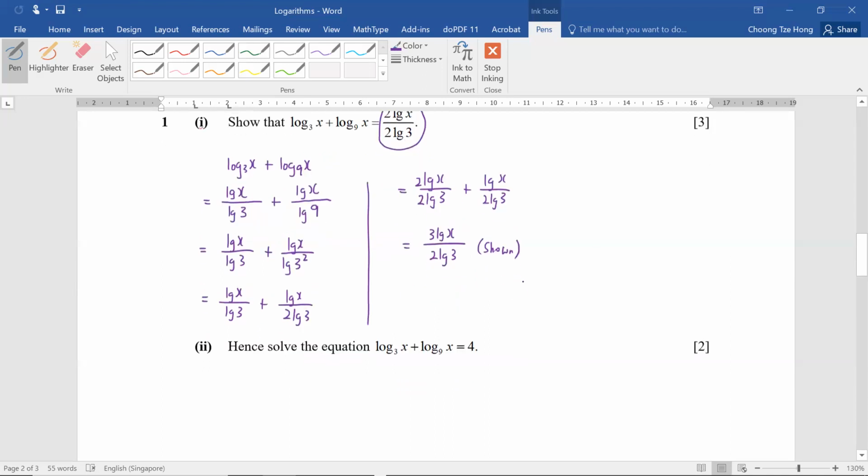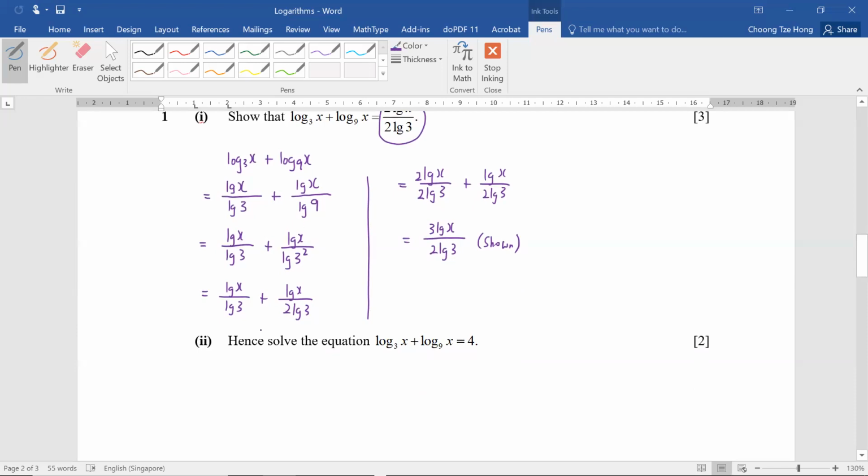Next part, we're asked "hence". Whenever you see hence, it means you need to make use of the answer from your first part. For the first part, we have already proven that this can be expressed in this form.